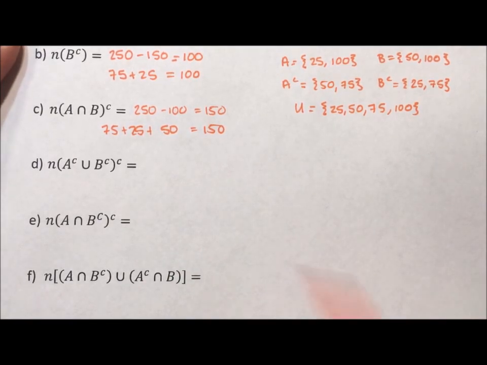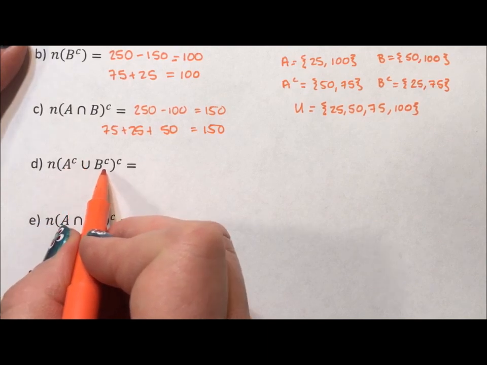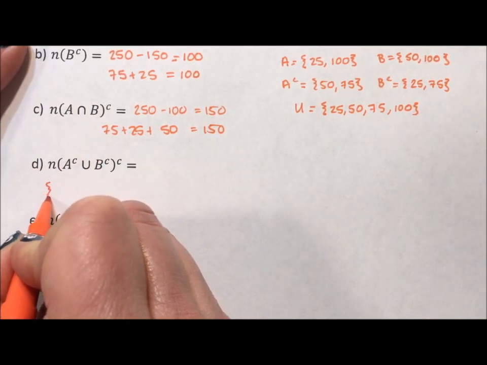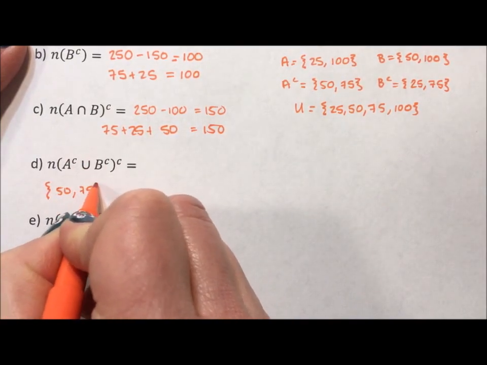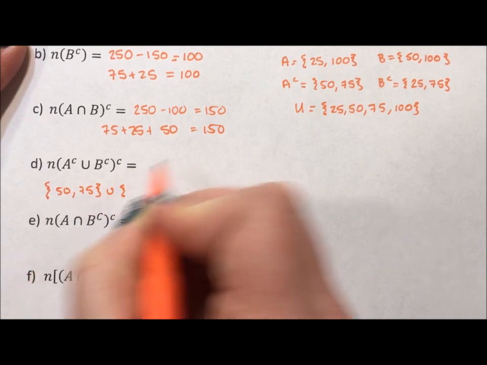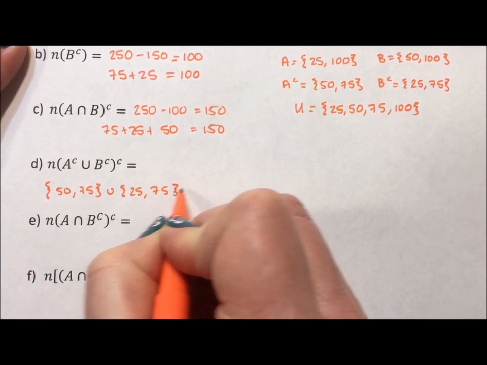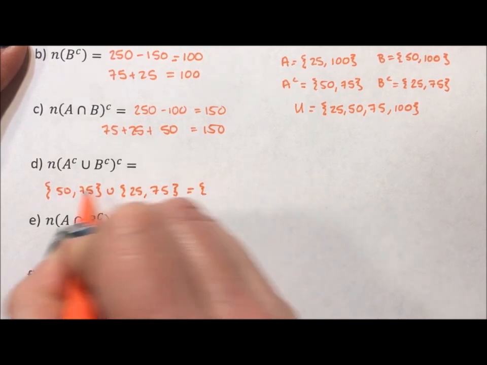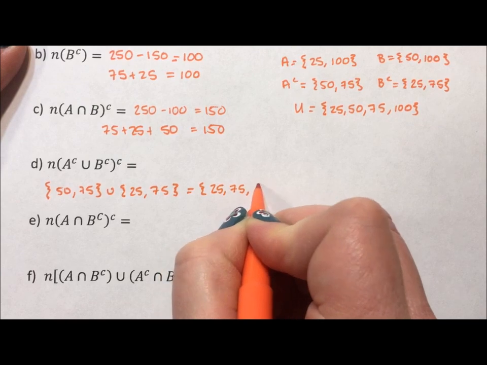Okay, so for A complement union B complement, A complement is the 50, 75, and I want the union with B complement, which is the 25, 75. And union means I'm adding the pieces together. I don't write the 75 twice, so I have the 25, the 75, and the 50.